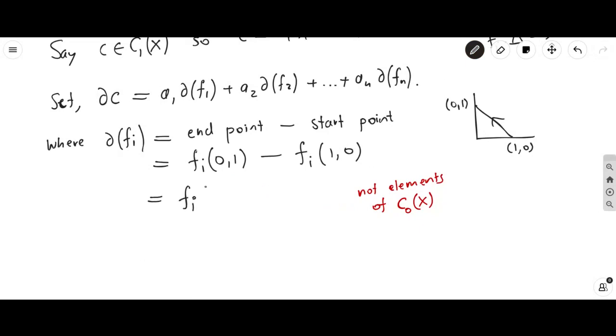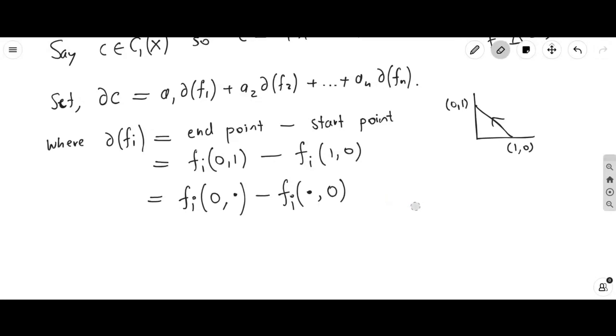You have to write it as fi, and you're going to write 0 dot, minus fi dot 0. Now, what's the meaning of the dot? Well, the dot represents the variable.